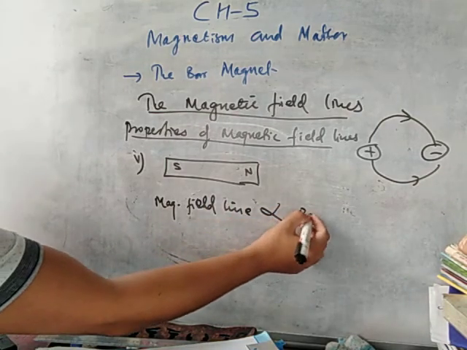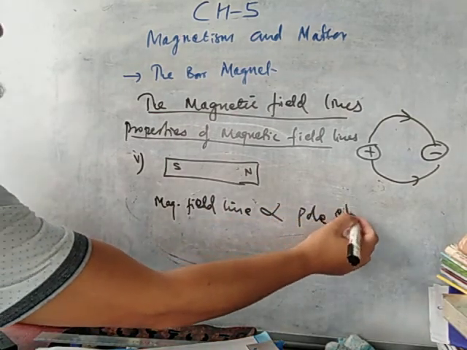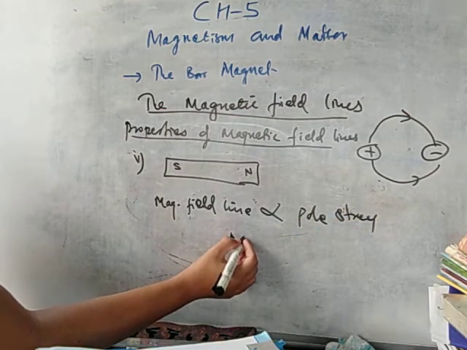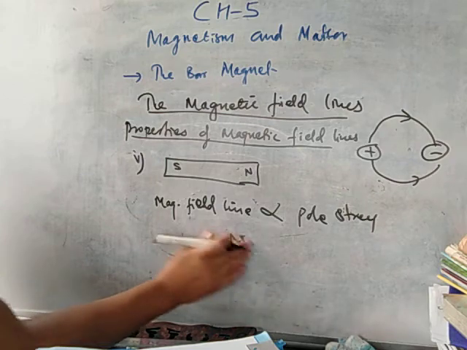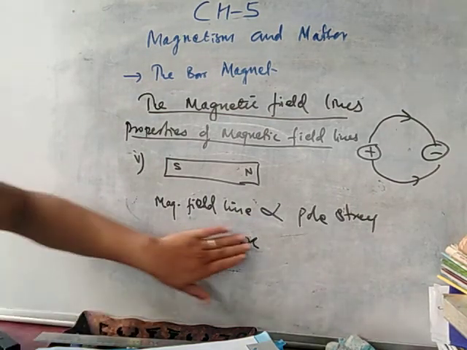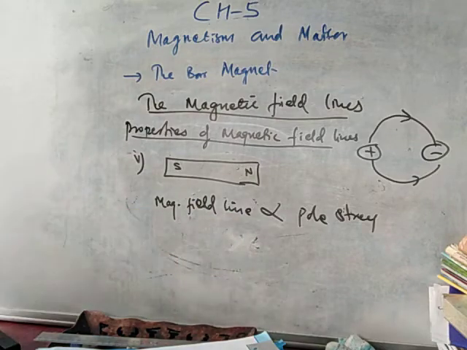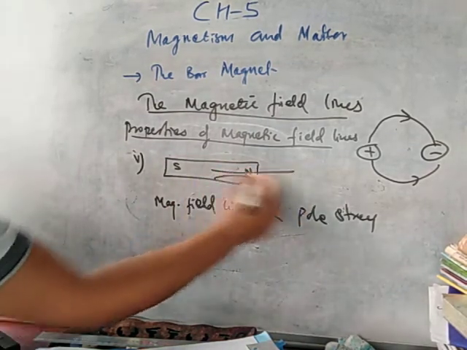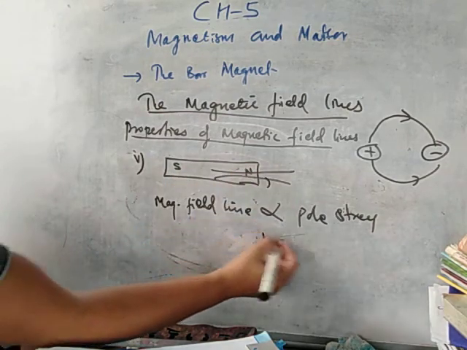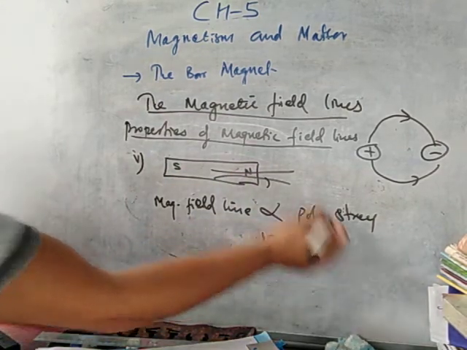Pole strength कति थियो, denoted by m, isn't it, small letter m. So larger the magnetic field lines, more the pole strength. बेसी field line छ भने के हुन्छ, pole strength के हुन्छ, बेसी नै हुन्छ. Okay, clear.